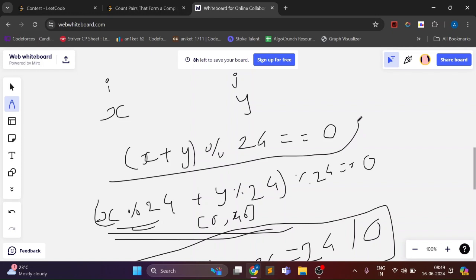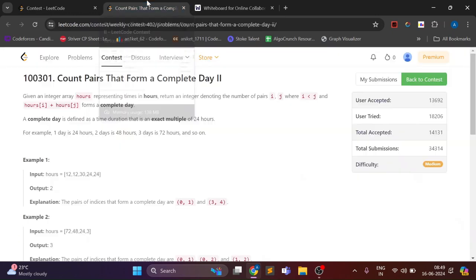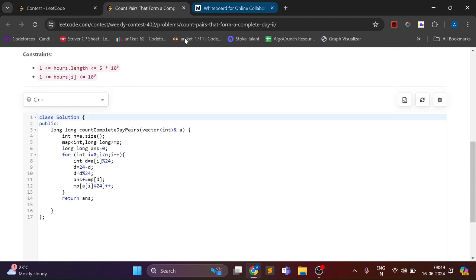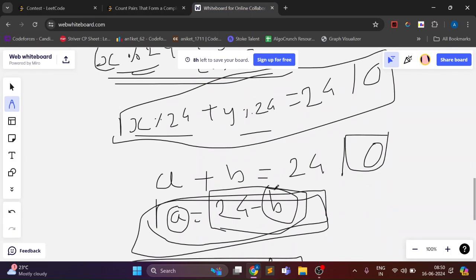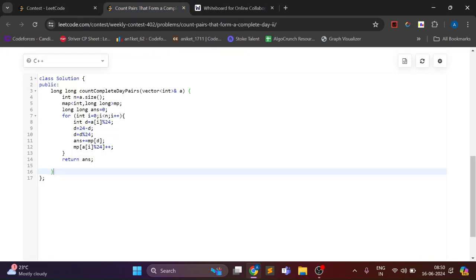You must know this basic modular arithmetic. Now the code for this: again, I declare n as the size of my vector. I declared a map and an answer variable. Now what I will do is, I will first calculate a of i mod 24, then calculate 24 minus b, and then take mod again.